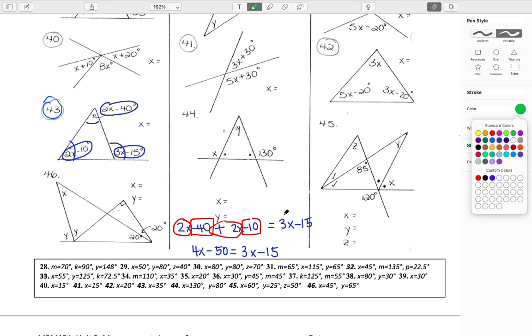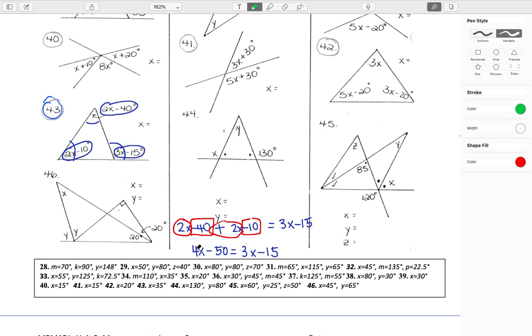After that, we want to collect the like terms. So I want x on the left side and numbers on the right side. Therefore, 4x is on the left side, so I'm going to bring positive 3x to the left side, and negative 50 to the right side. Now remember, every time I'm moving something across the equal sign, you are changing the sign.